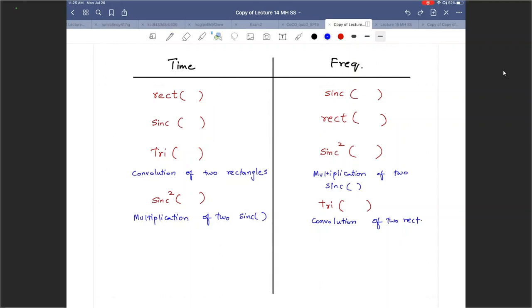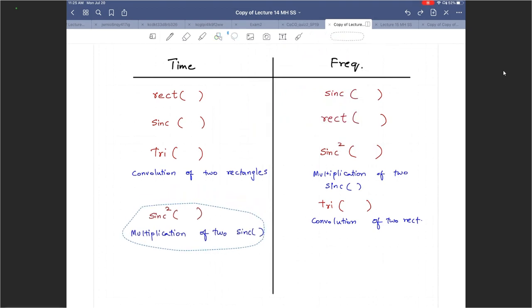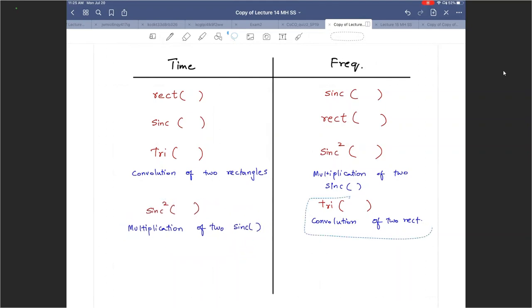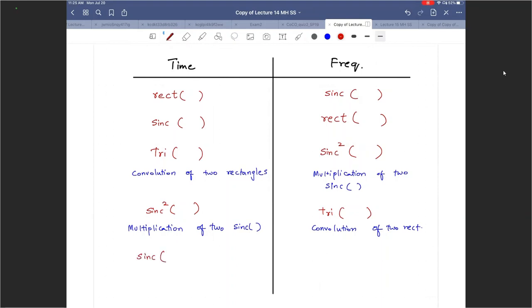Actually, let us kind of divide this up a little bit. Perhaps I can go down here and go down here. All right, let us do something different. Maybe I can do sinc times sinc. What if I had a sinc function multiplied by a different sinc function?